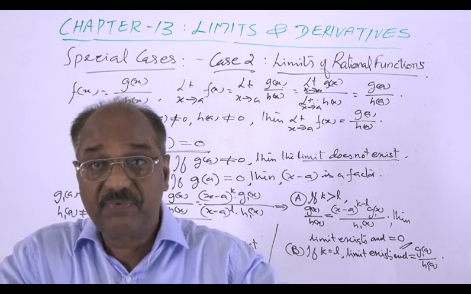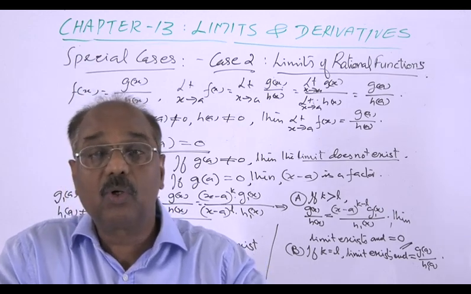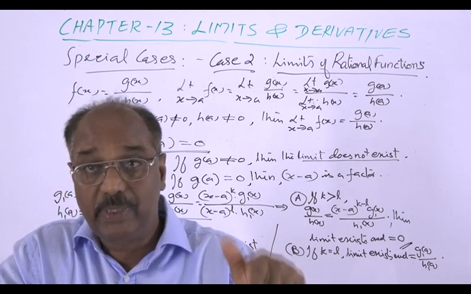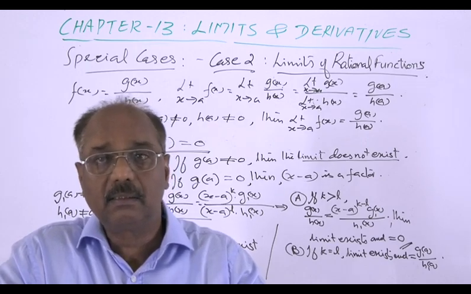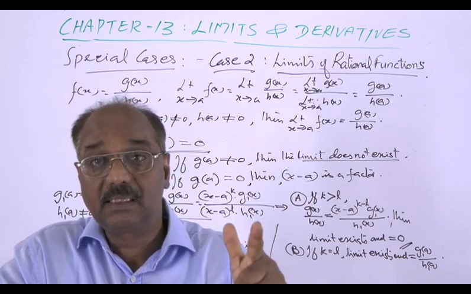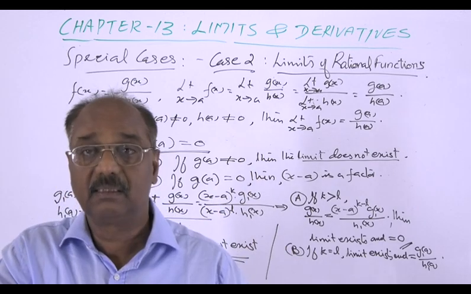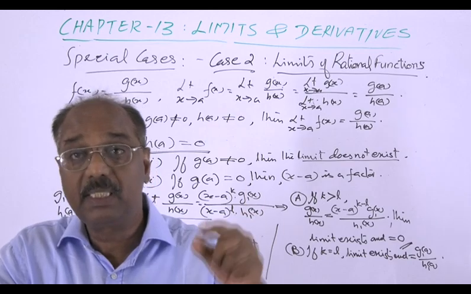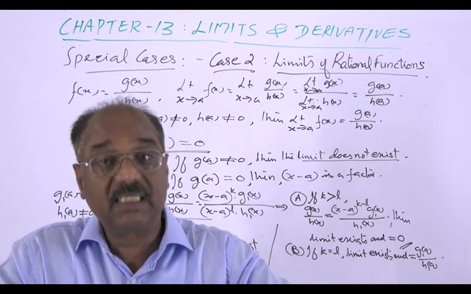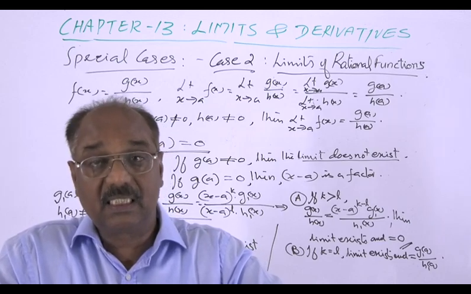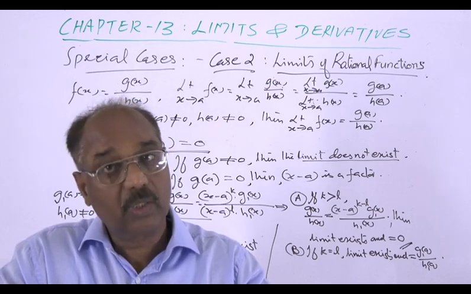So for this rational function, even though the denominator equals 0 when we substitute x equal to a to find the limit, there is a case in which the limit exists. So be careful when we get such rational functions to find the limit. Okay? And that's all.